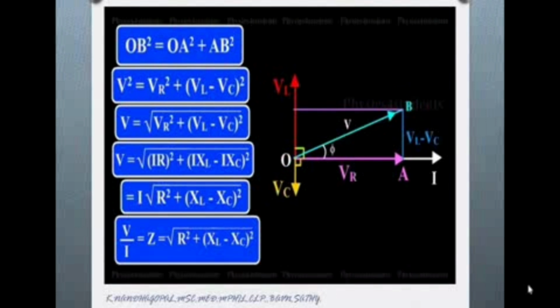So see that again once. It's very important. Depending on the phase difference between the resistance, capacitor and inductance, we derived that equation. It is a very important equation, an important 5-mark question.